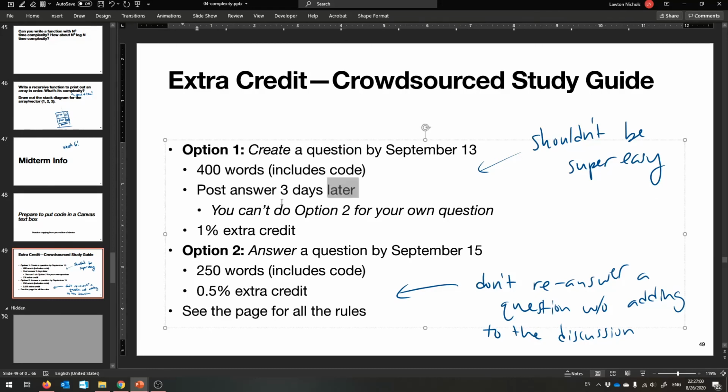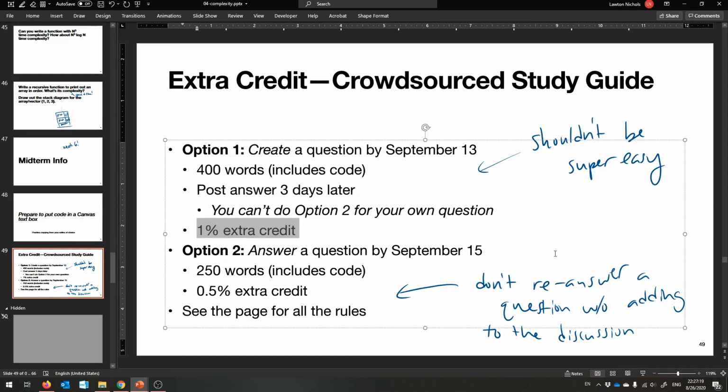And what you'll do is you'll post your answer 3 days later. You'll give your peers the opportunity to answer the question in detail, and you'll post a quick answer 3 days later. You can't answer your own question as the peer option. You're required to post the answer. And that will be 1% extra credit.